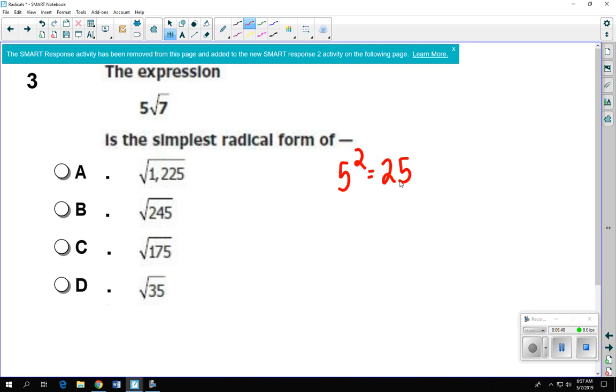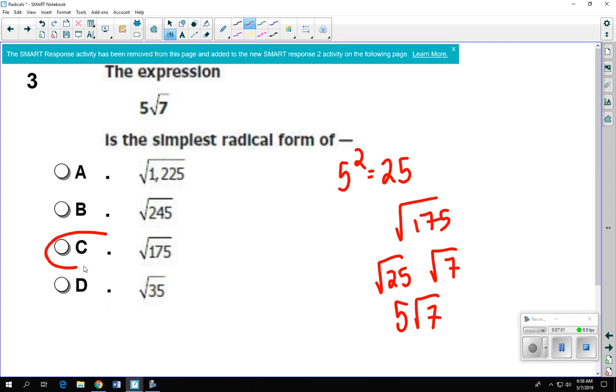So I know that, if I was working backwards, I'm looking at the square root of 25 and the square root of 7. So all I'm going to have to do is multiply 25 times 7 to get the square root of 175, which would be my answer choice C.